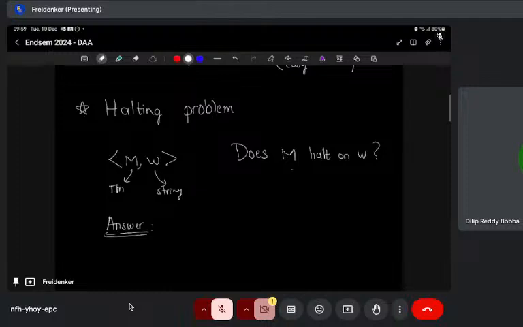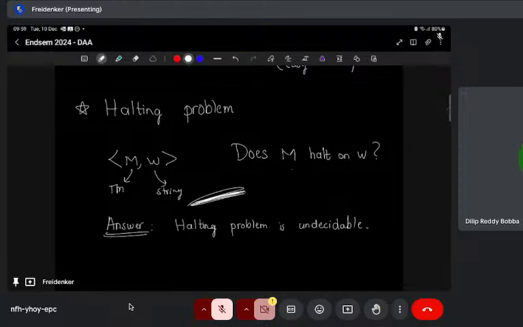Apparently, this problem is undecidable. Undecidable in the sense that there exists no decider. Is it recognizable or not?